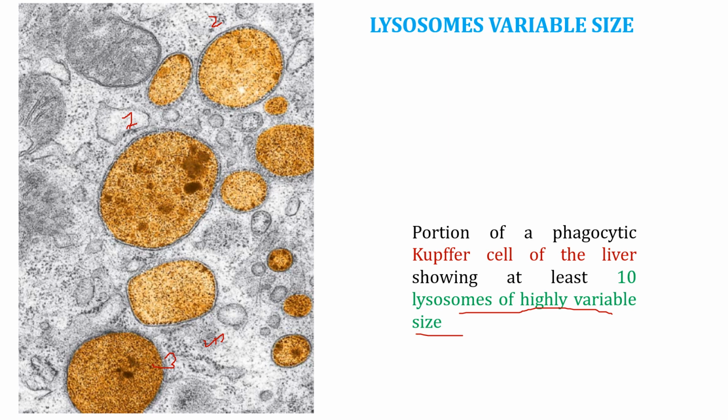Why is the shape and size irregular? Because they take up different materials for digestion. That's why it is difficult to identify these organelles on the basis of morphology.